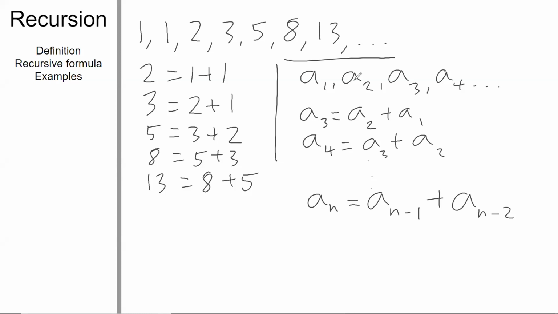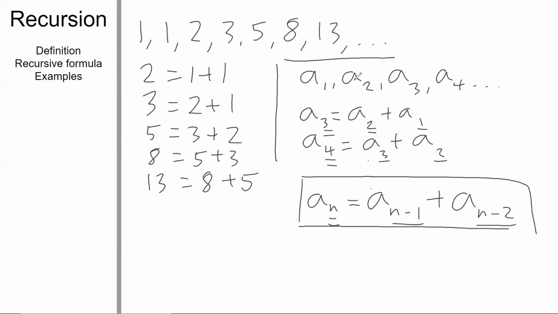And you can also tell because 2 is always 1 less than 3, 3 is always 1 less than 4, and n minus 1 is always 1 less than n. And 1 is always 2 less than 3, 2 is always 2 less than 4, and n minus 2 is always 2 less than n. So this here would be the recursive formula of the Fibonacci sequence.